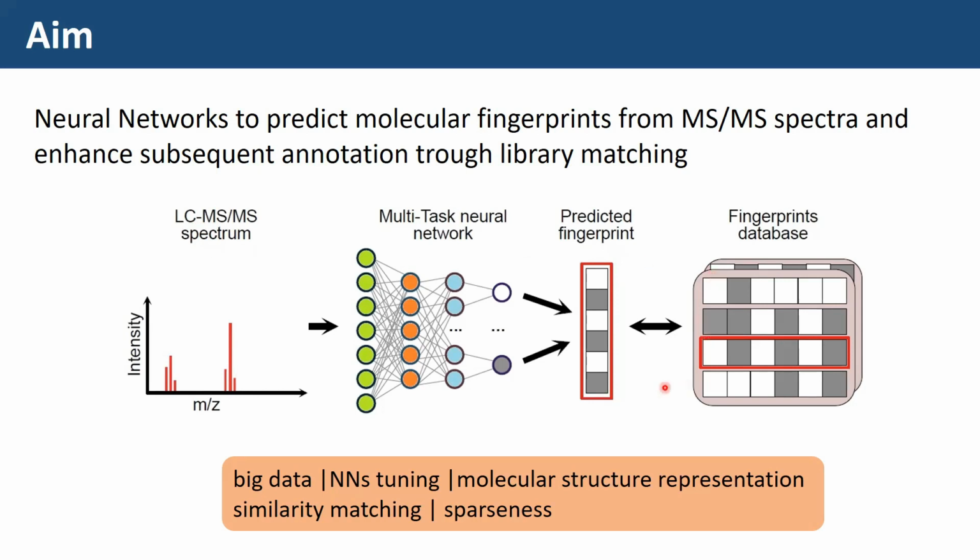As I said, there are a lot of issues doing this, and this is why I say that this is very challenging from a chemometric point of view, because you have the big data issue, because we are dealing with a lot of data.